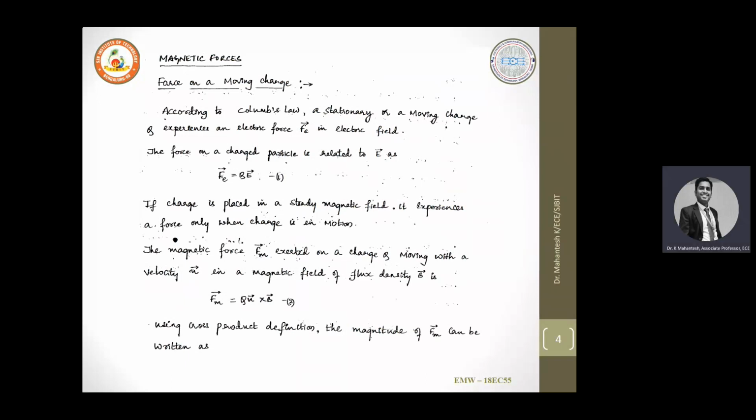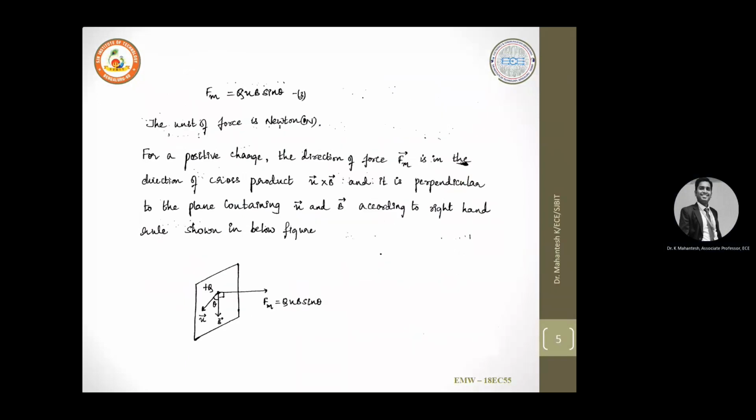The magnetic force Fm exerted on a charge Q moving with a velocity v in a magnetic field of flux density B is given by Fm is equal to Q v cross B. Here v cross B is a cross product. By definition, the magnitude of Fm can be written as Fm is equal to QvB sine theta.